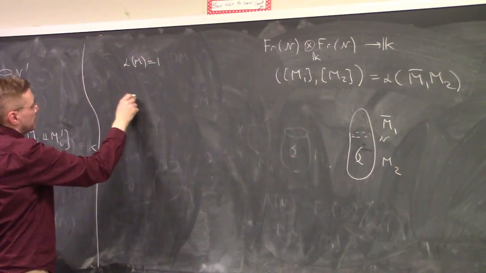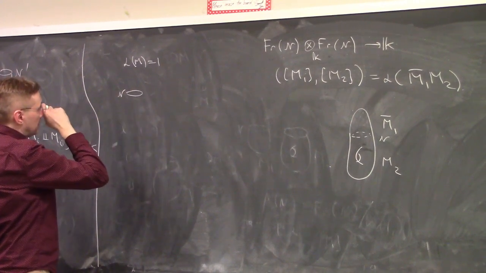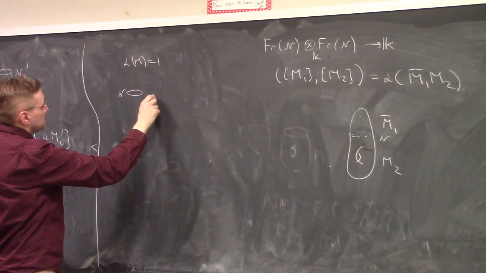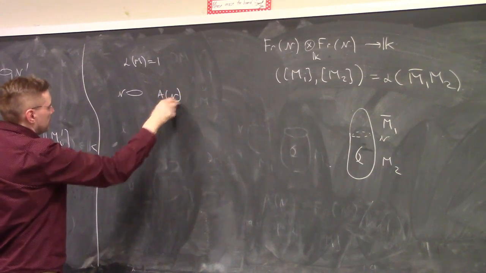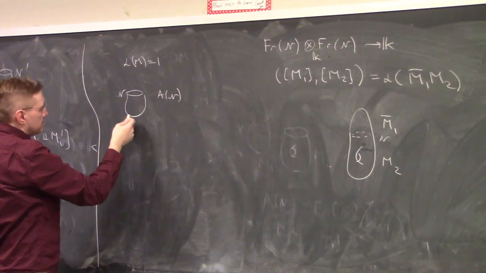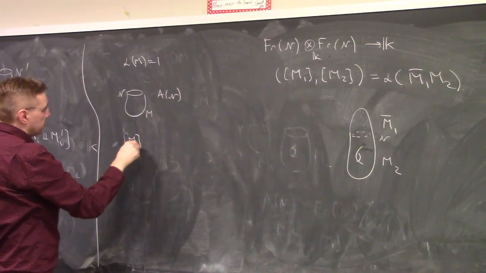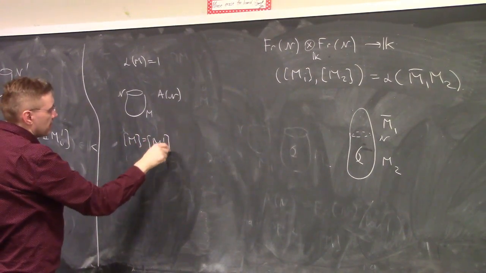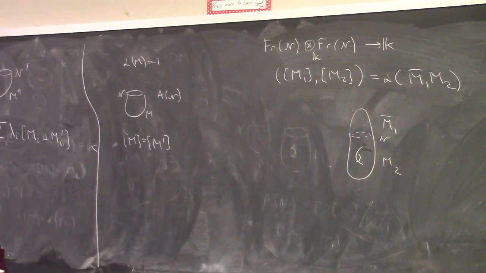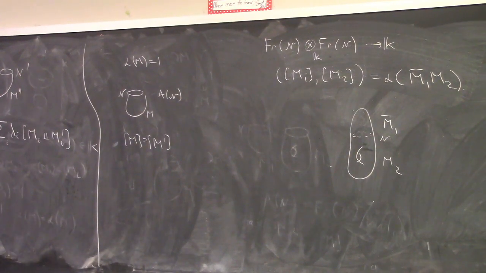That's not very interesting. Then for any m, the bracket of m is equal to the bracket of any other m prime with the same boundary. You get a one-dimensional vector space for the state space, and trivial identity maps for any cobordism. So this is a very degenerate trivial example.